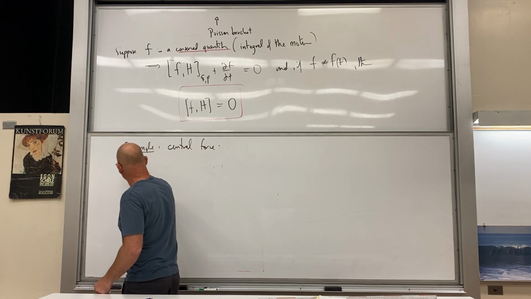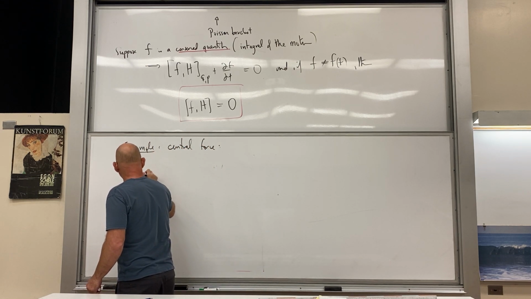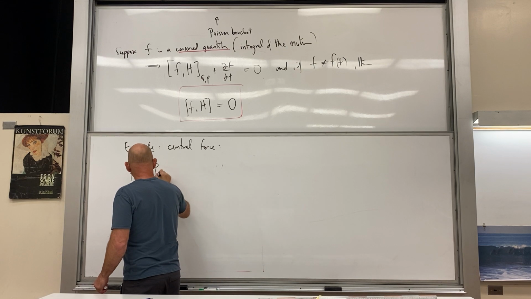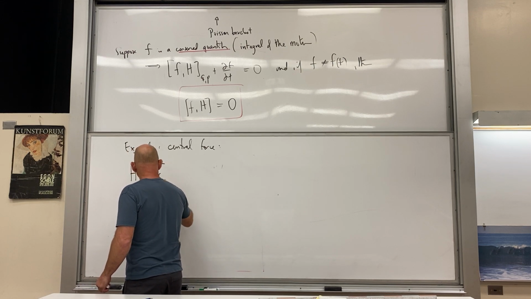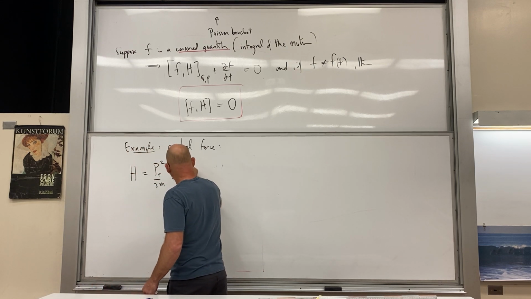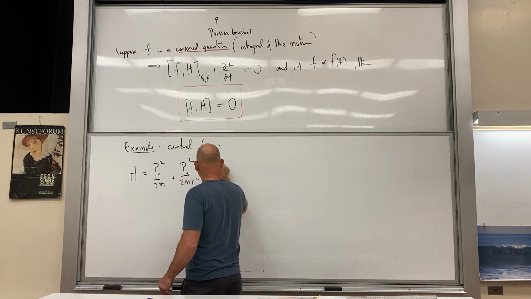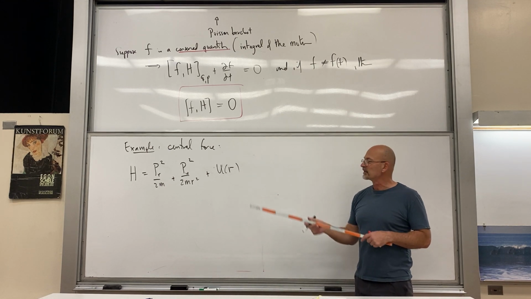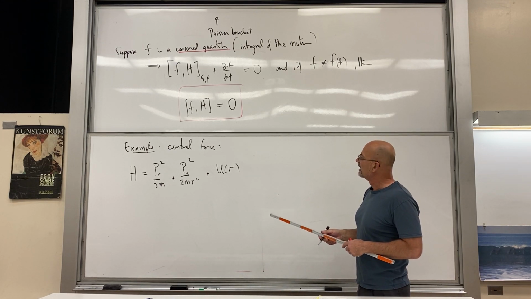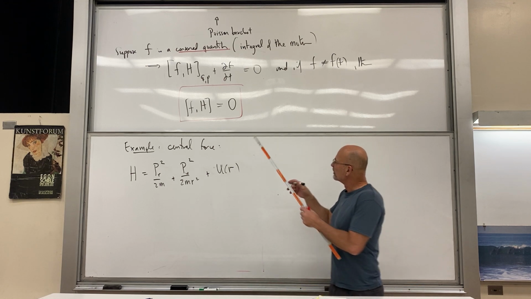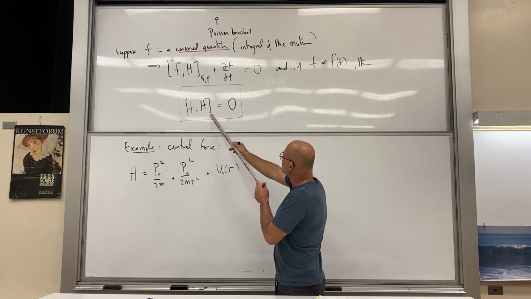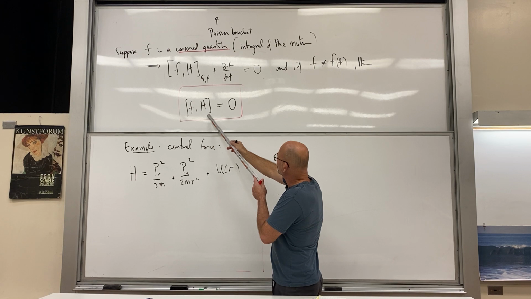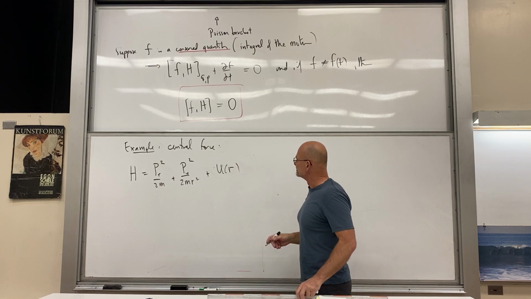And here we have the Hamiltonian: p_r squared over 2m plus p_phi squared over 2mr squared plus U of r. That's the Hamiltonian. And now what we want to do is write out what this Poisson bracket would be.